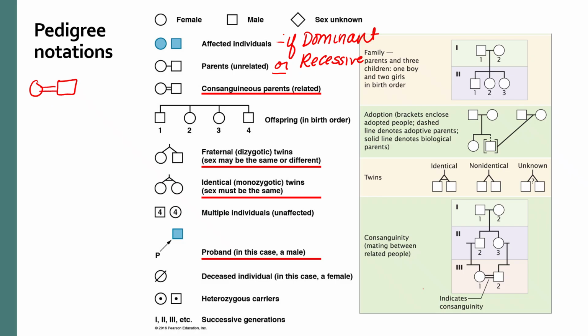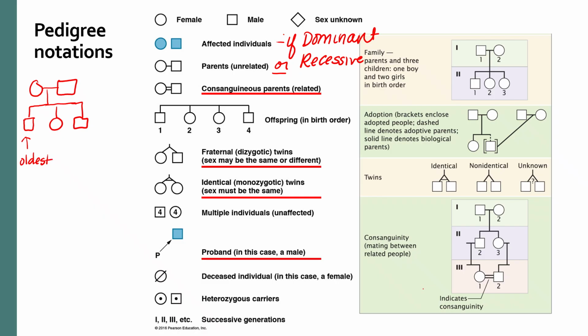So maybe these two are cousins or something like that. Children are listed in their birth order from left to right. So these two individuals have a child, child 1, child 2, child 3. This one on the left is going to be the oldest, and then go down from there.